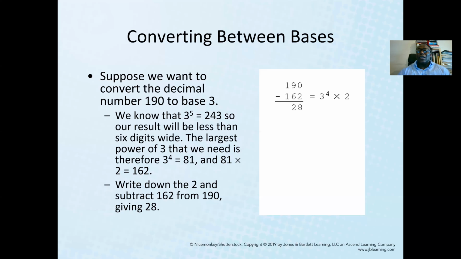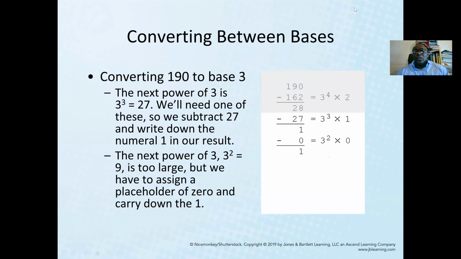In the next step, 3 to the power 3 is 27. 27 was good because it's less than 28. I subtract 28 minus 27, I get 1. Then I should consider 3 to the power 2, which gives me 9. But 9 is too big compared to 1, so I'll keep 0.